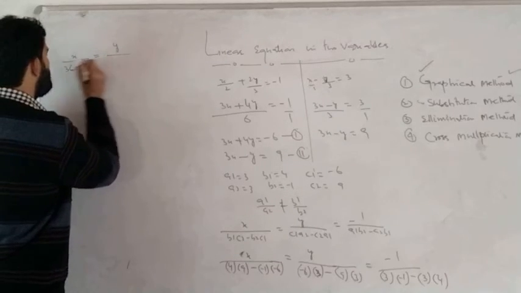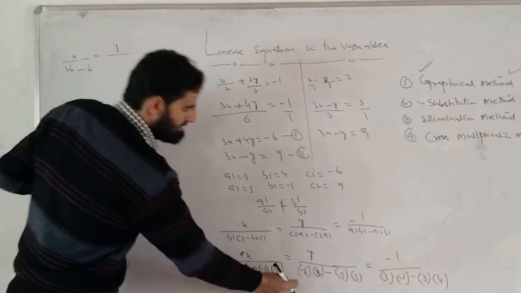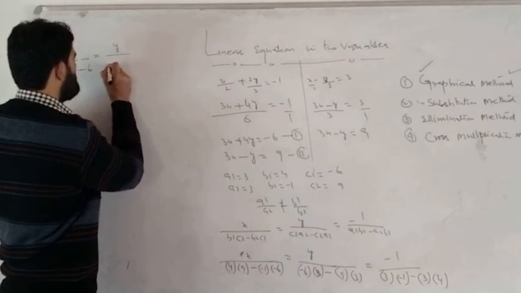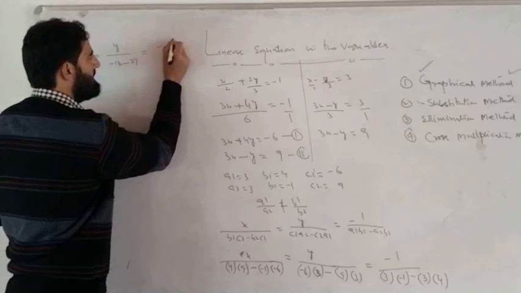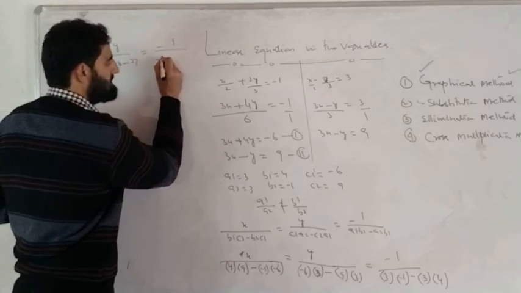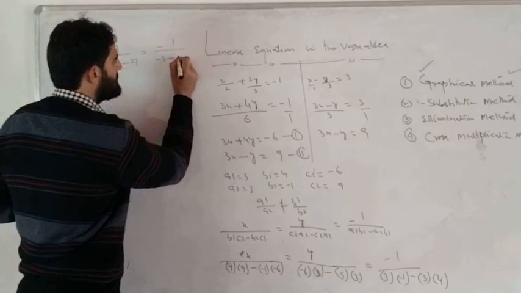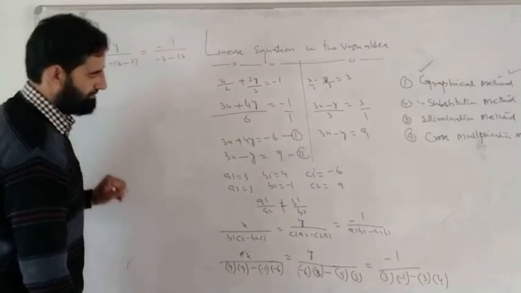So y divided by 6 3s are minus 18 minus 9 3s are 27 is equal to minus 1 divided by 3 1s are minus 3, 3 4s are 12, minus 12.